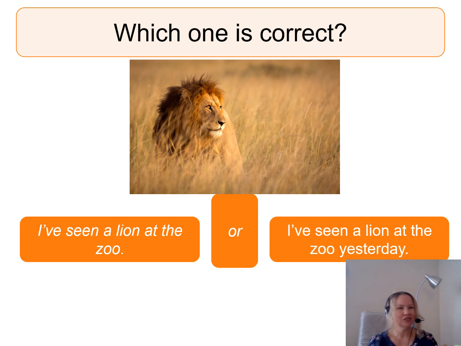You can pause the video and tell me the correct answer. I've seen a lion at the zoo. Or I've seen a lion at the zoo yesterday. Which one do you think is correct? Pause the video.